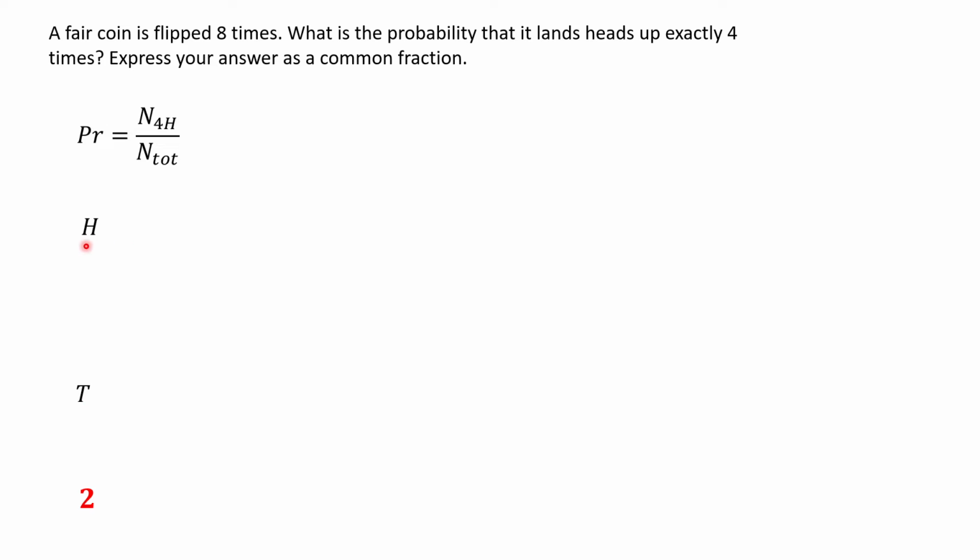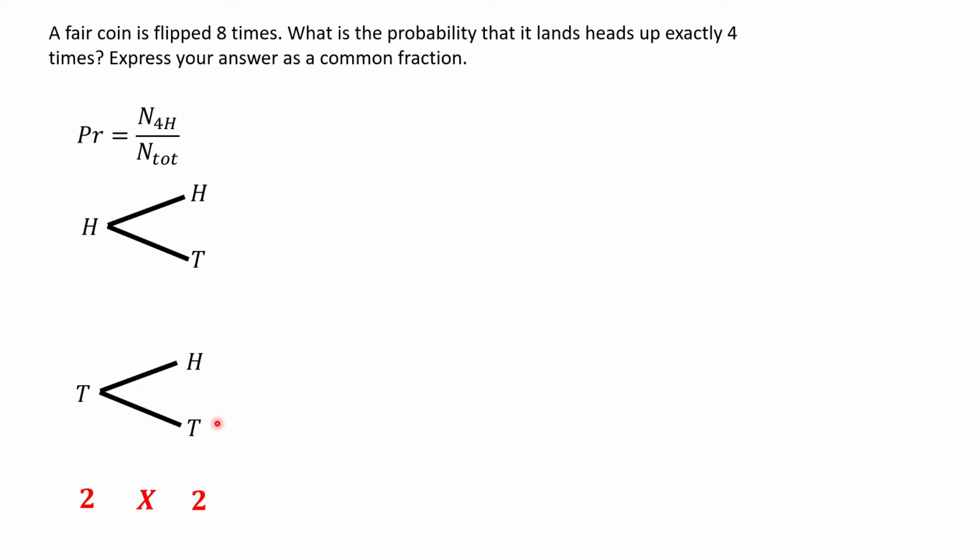So if I throw a head first, the second one could be head or tail, and I get head, head, and head, tail. Or if I got tail first, the second time, again, I can get head or tail. So the total number of options is 2 options in the first throw, and for each of those 2 options, I have 2 options for the second throw. So 2 times 2 is 4.